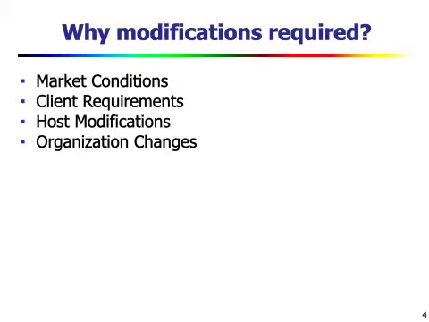Then the third reason why modification is required is host modifications. That means the system or the software that is developed will be in the host environment now, and if the host or the target host changes any of their hardware, or some platforms like operating system, then this software should adapt to those changes.